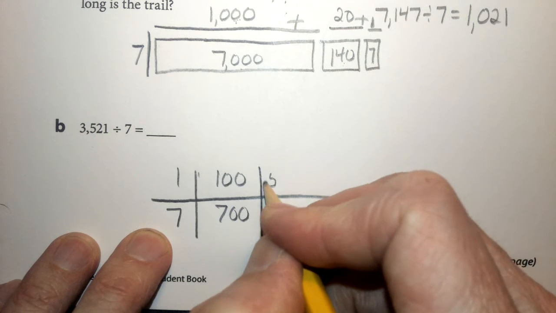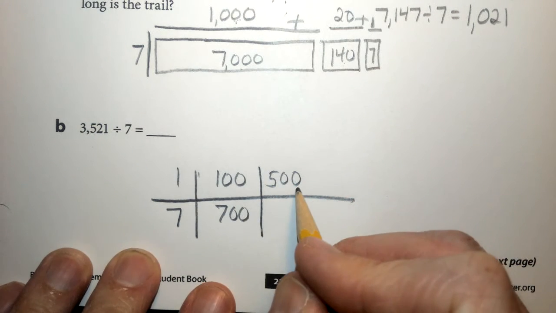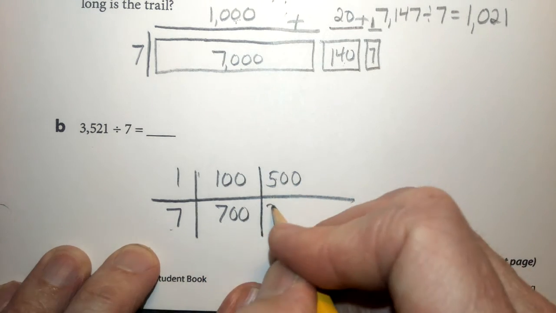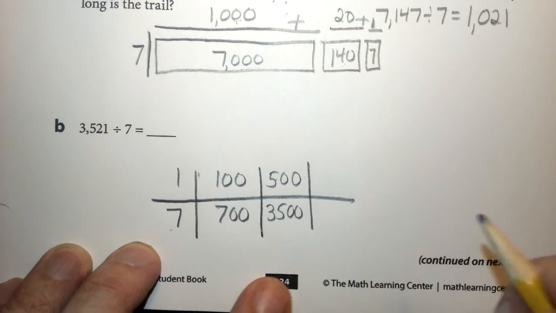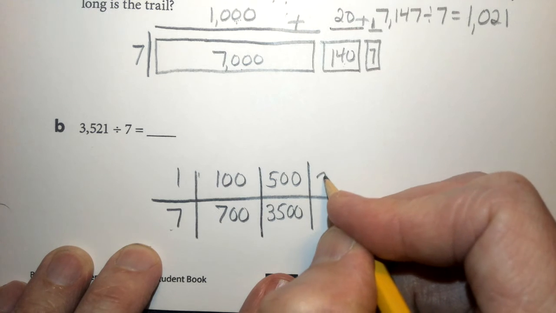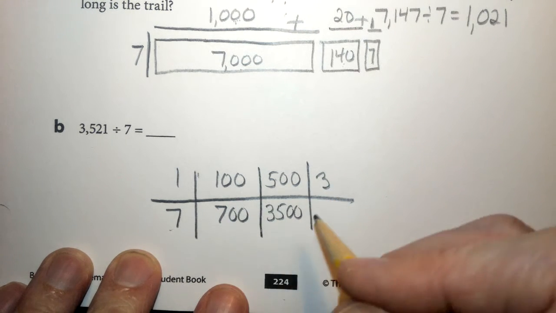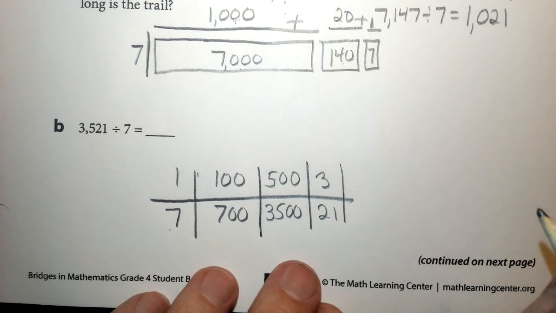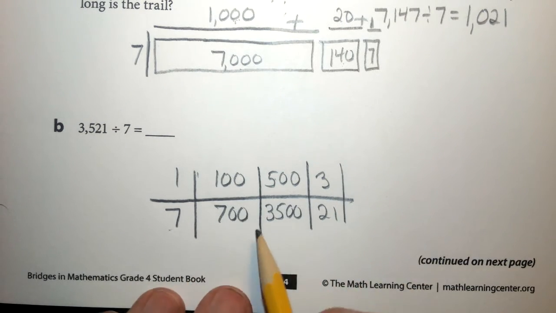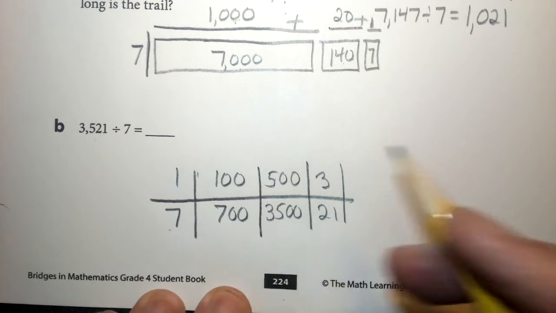And then let's do 500. 500 would be, so 7 times 5 is 35, and then 2 zeros. Let's do 3. 7 times 3 is 21. So look how close I am to 3,521.